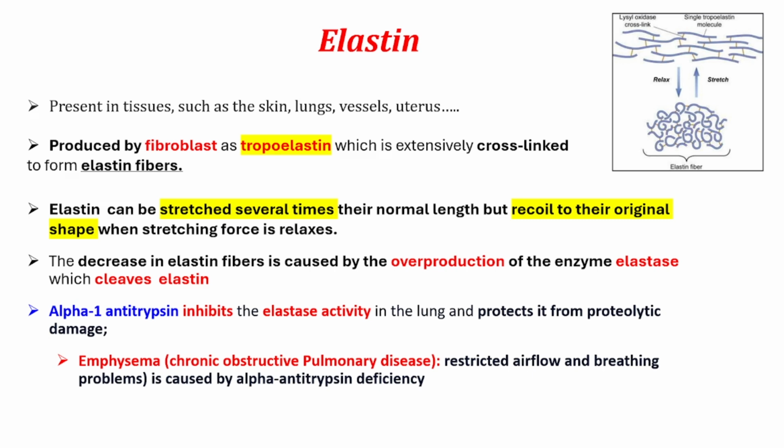Tropocollagen, tropoelastin, same thing, okay? Then we said that for the collagen, there is a cross linkage, and they're going to make collagen fibers. Same thing here. You have here your tropoelastin, and then you have a cross linkage between these tropoelastin, and we have the elastin fibers, okay?